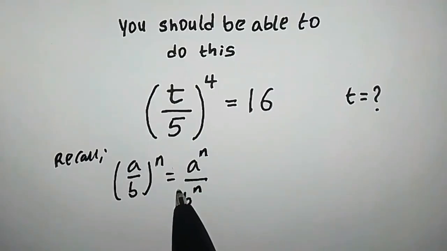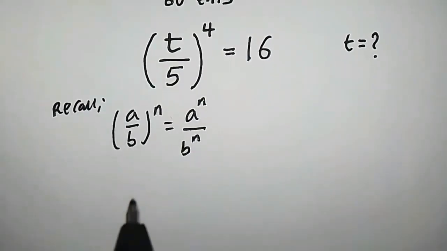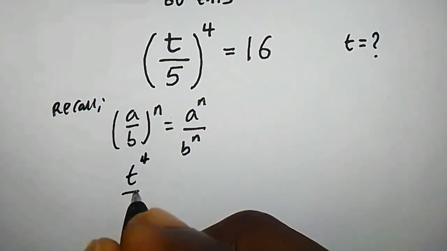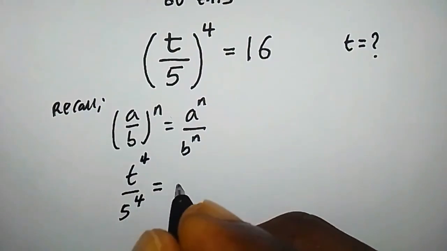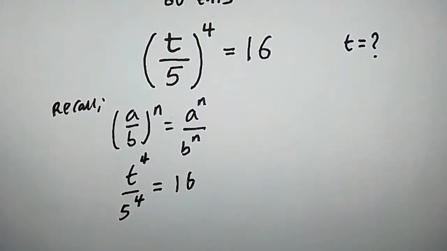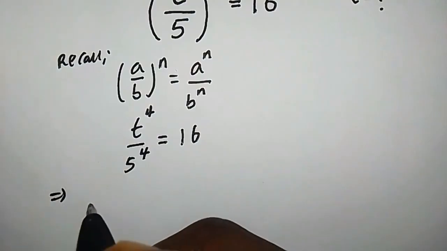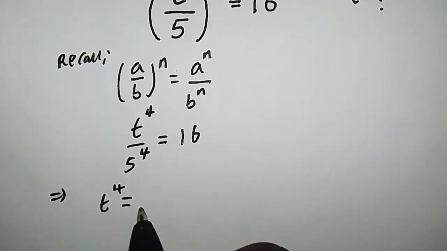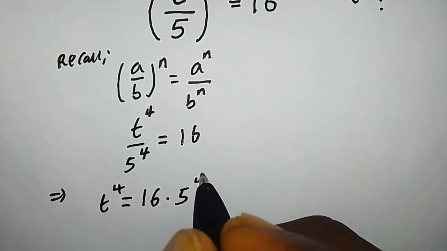Applying this identity to the left hand side, we simply have t^4 divided by 5^4 equal to 16. Let's continue. This implies that t^4 is equal to 16 times 5^4.